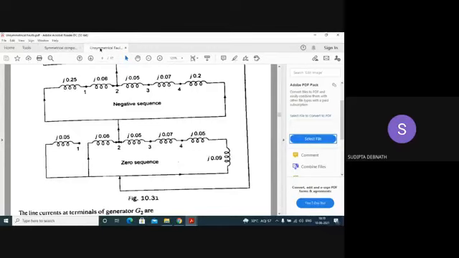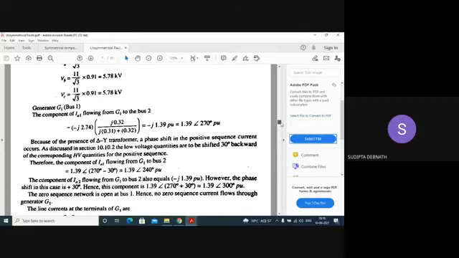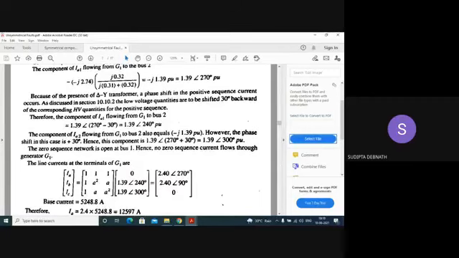Understand? They have written that zero sequence network is open at bus 1, hence no zero sequence current can flow from generator G1. Therefore this is 0. This is for the generator terminal, G1 terminals. Now the rest of the part is very simple. You know how to find out.